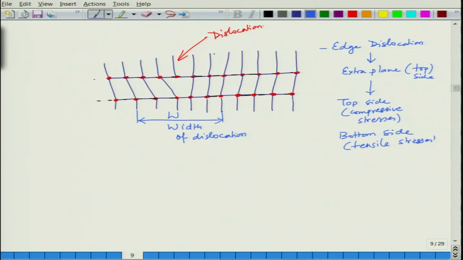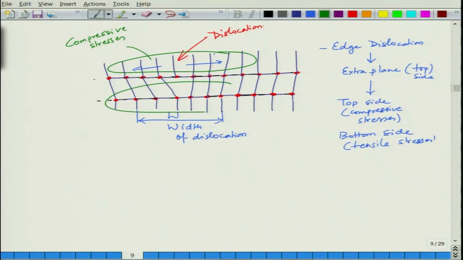Because this extra plane will try to push the lattice apart, this region will undergo compression, and this region will have tensile stresses.